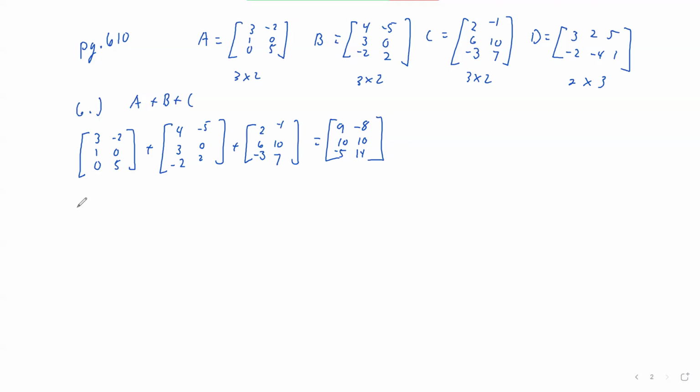All right, let's do another. Let's do number 7. 2A plus 2B. A and B are the same size, so I can add them. All this little number on the outside means is that I'm going to have to multiply each element by that scalar.